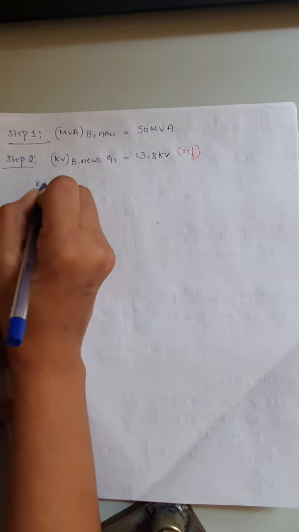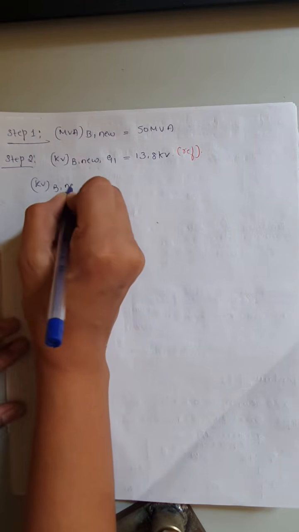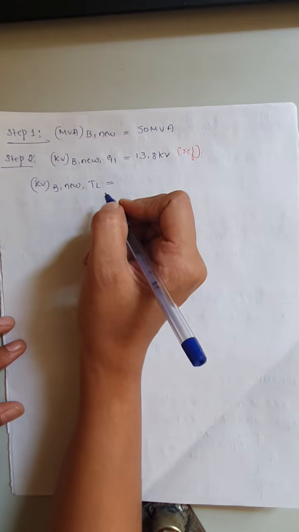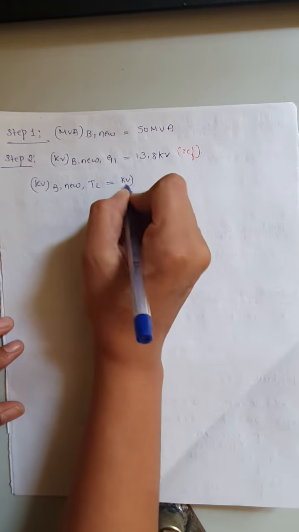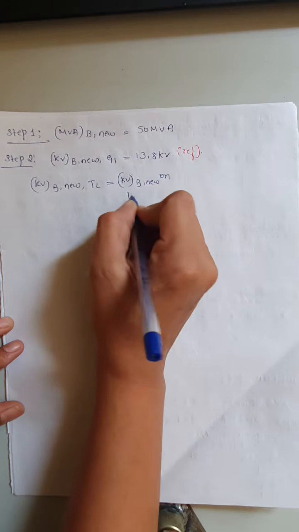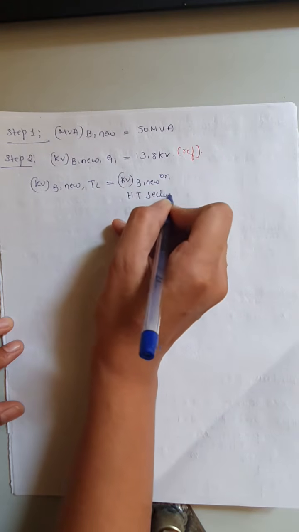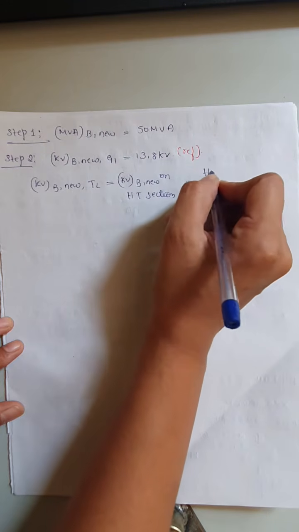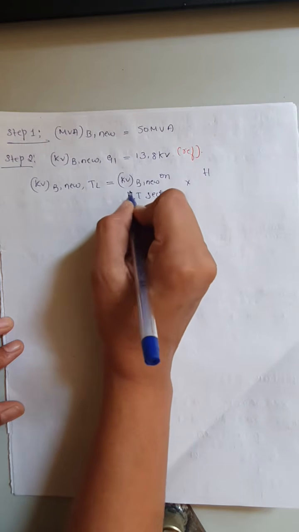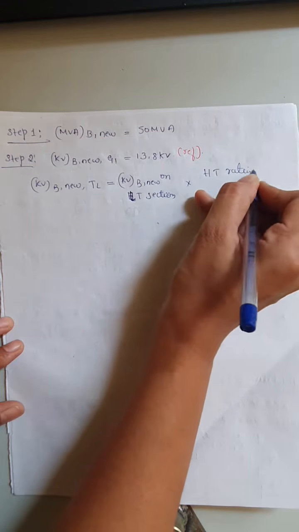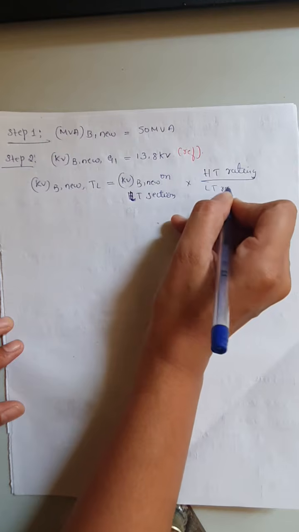Kilovolt base new for the transmission line is equal to, first we will write the HT section formula, that is kilovolt base new on HT section multiplied by HT rating divided by LT rating.